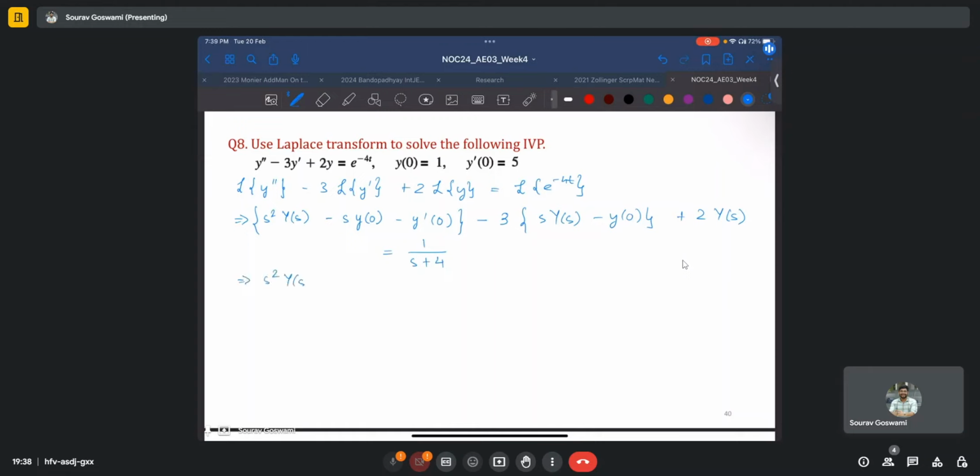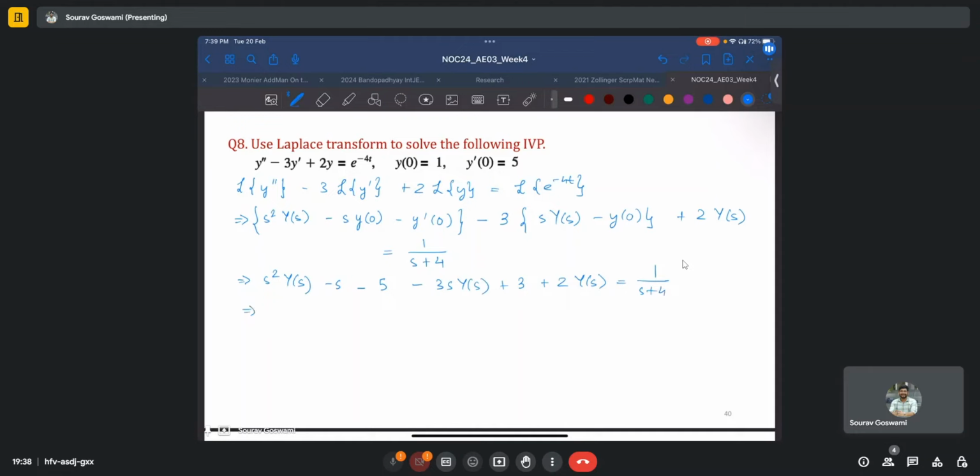So s square Y of s, y of 0 is 1, so minus s, y prime of 0 is 5, so minus 5, minus 3s Y of s, y of 0 is 1, so plus 3, plus twice Y of s is equal to 1 by s plus 4.